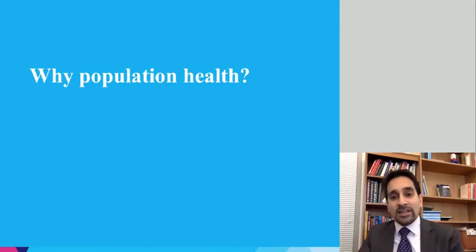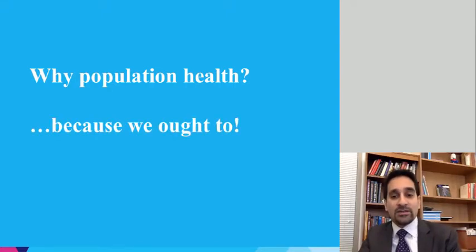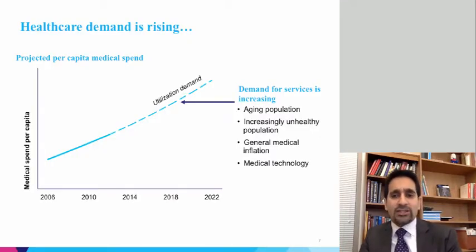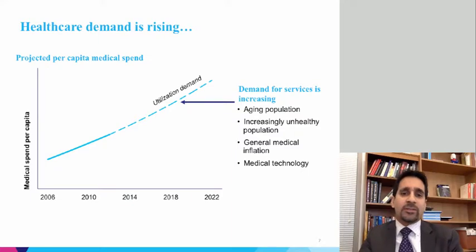So that's the clear explanation of why population health in terms of the emotional side of it, which is because we ought to. But there's also a rational side to it. Healthcare demand is rising. Projected per capita medical expenditures continue to grow at about 6.5% annually.